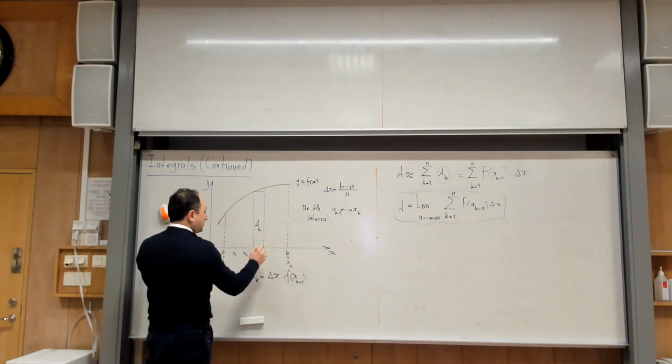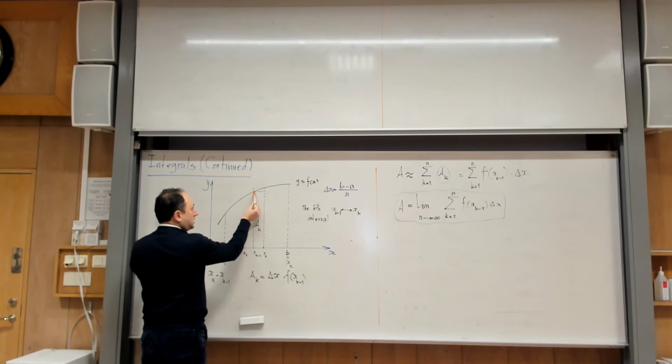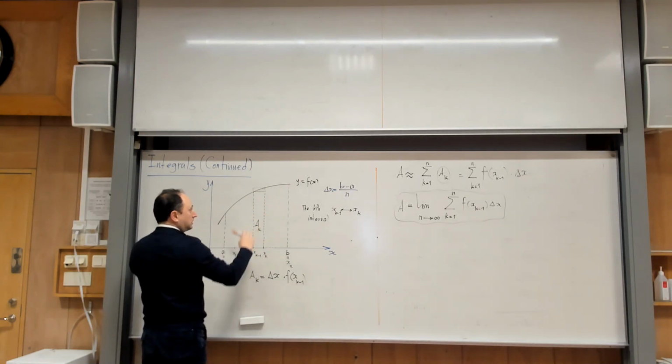For example, instead of choosing this, I could choose the highest one. Then I have to make this rectangle. In the previous case, each rectangle that I consider is smaller than the area that I want by this amount, so I am making that much error. But I always underestimate the area. But I can also use this one.